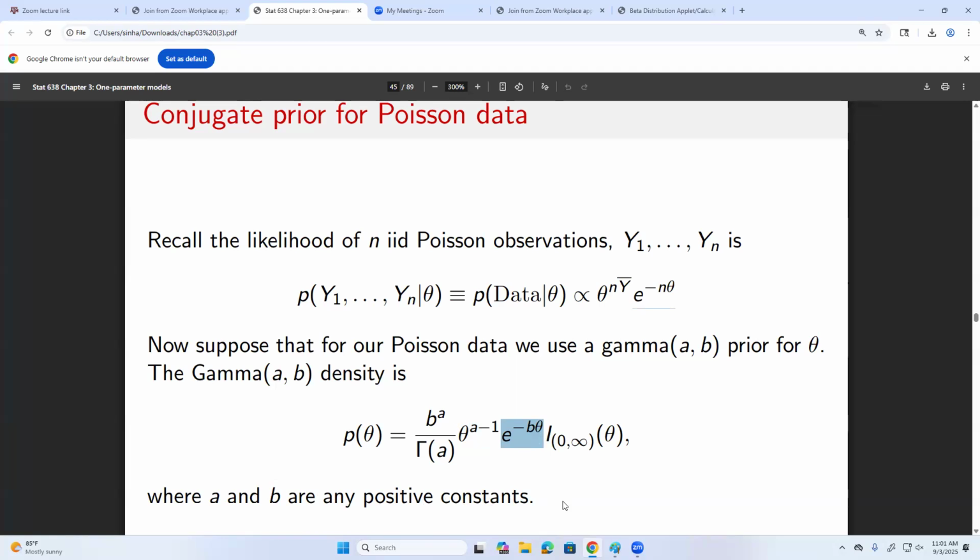Because if I use this prior distribution with the likelihood given here, then the posterior distribution of theta would look like theta to the power something times e to the power minus some constant times theta. It again is a gamma random variable, right? So the gamma distribution is the conjugate prior distribution for this problem.